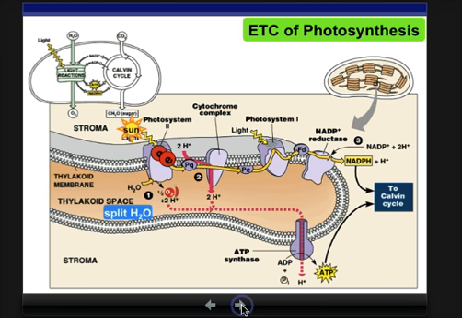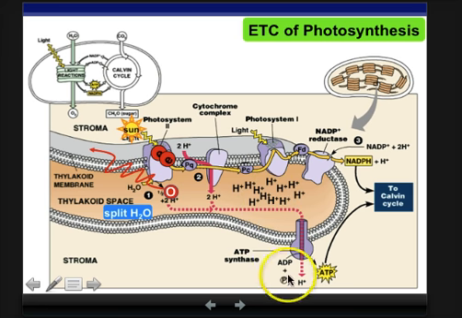Split water. Oxygen is given off. Okay, you get a bunch of protons creating a proton gradient. And the proton gradient drives ATP synthase to make some ATP. That ATP we'll use to make our sugar.